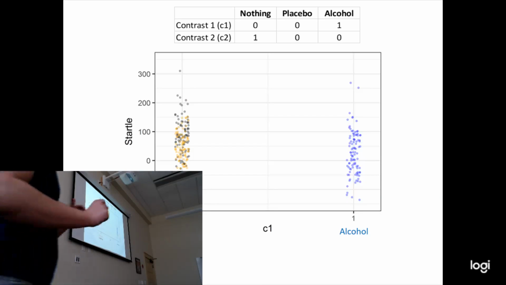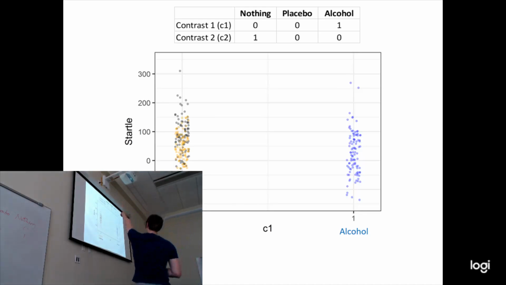What's different is that C1 and C2 are correlated, whereas by design, when you're using orthogonal contrasts, your contrasts are all uncorrelated with each other. So dummy codes are correlated, and that's actually integral to how you end up interpreting them.